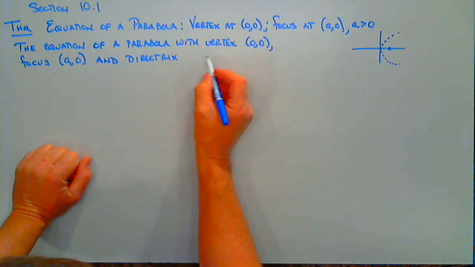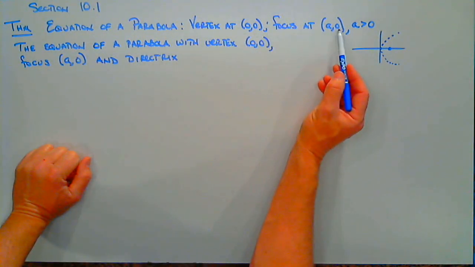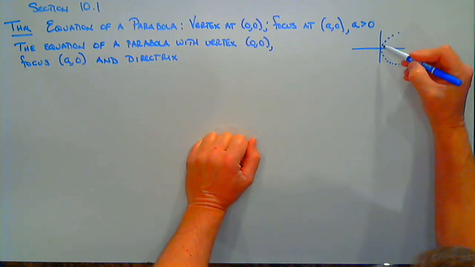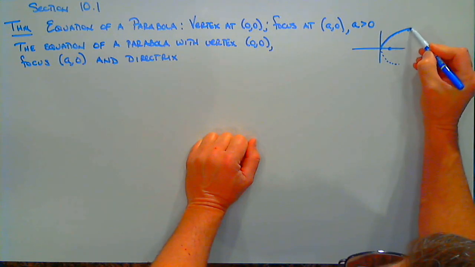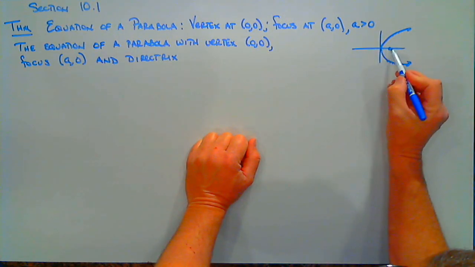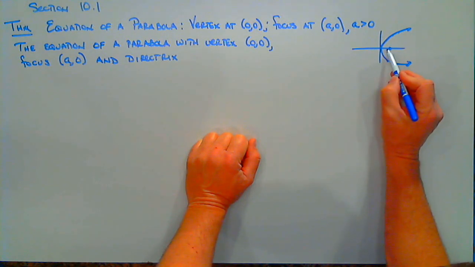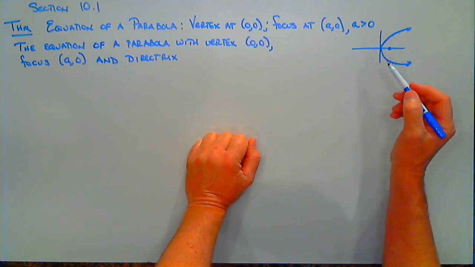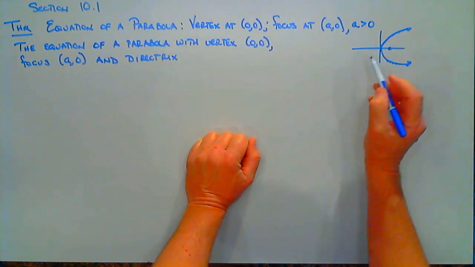Now, we know the directrix based on this information because of our definition. Remember what our definition said? Every point on the parabola has to be equidistant between the focus and the directrix. Every point. In particular, let's think about the origin.